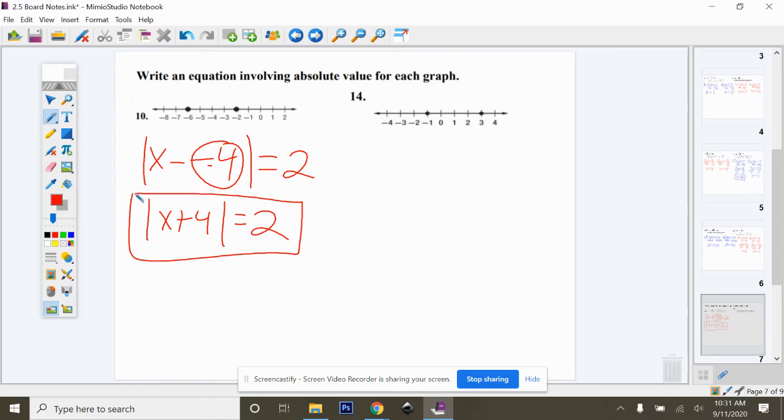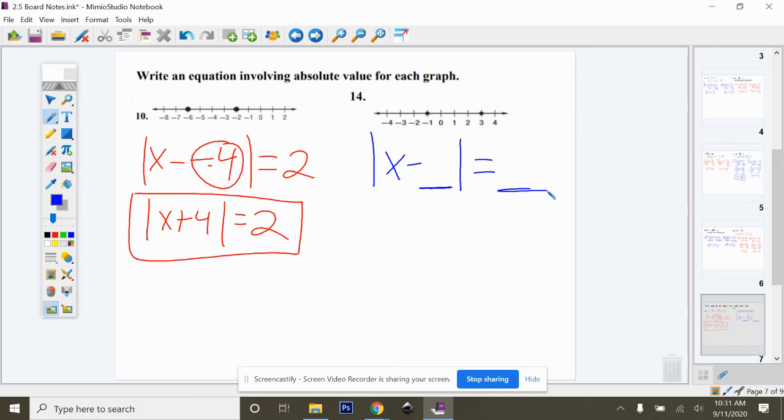So if you want to, what you can do is start with something that looks like this. Absolute value, x minus, and equals. You're going to fill in a number here, and you're going to fill in a number here. The number next to the x is going to be the middle point.